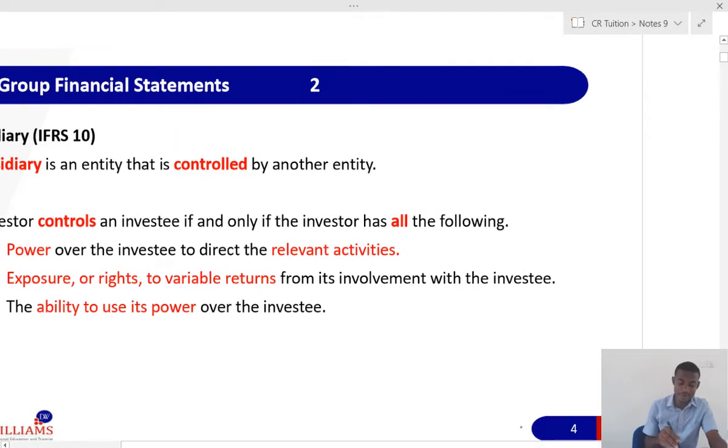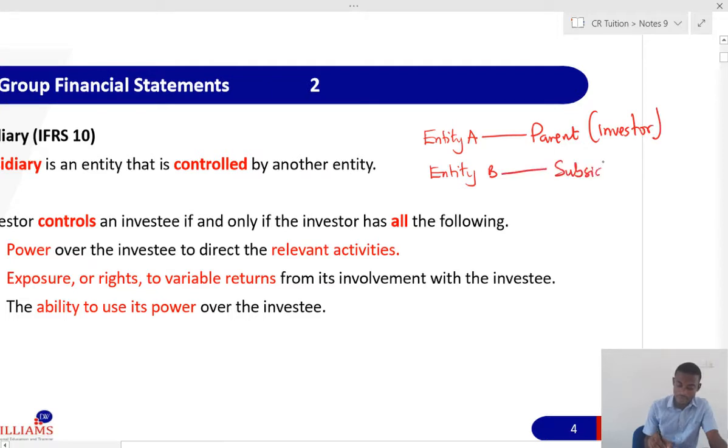And let's say we have entity A and also entity B. If entity A controls entity B, then entity A is the parent entity and the investor, and entity B is a subsidiary and the investee.